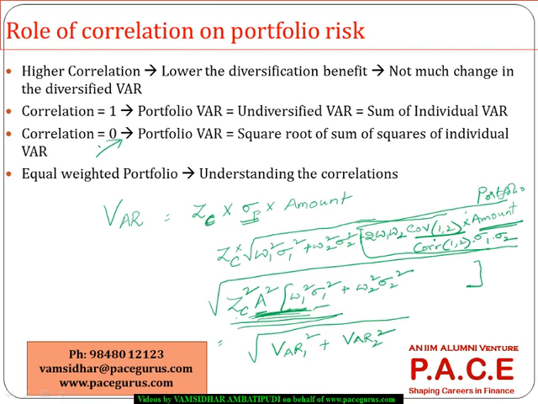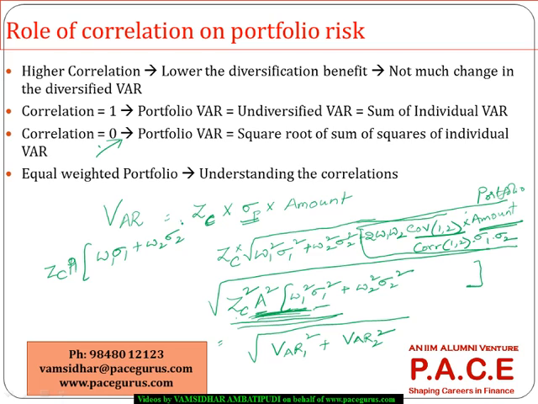The same way, if the correlation had been 1, the inside would have become W1 squared sigma 1 squared plus W2 squared sigma 2 squared plus 2 W1 W2 sigma 1 sigma 2, which internally is nothing but Zc into P, the amount invested, multiplied by W1 sigma 1 plus W2 sigma 2.